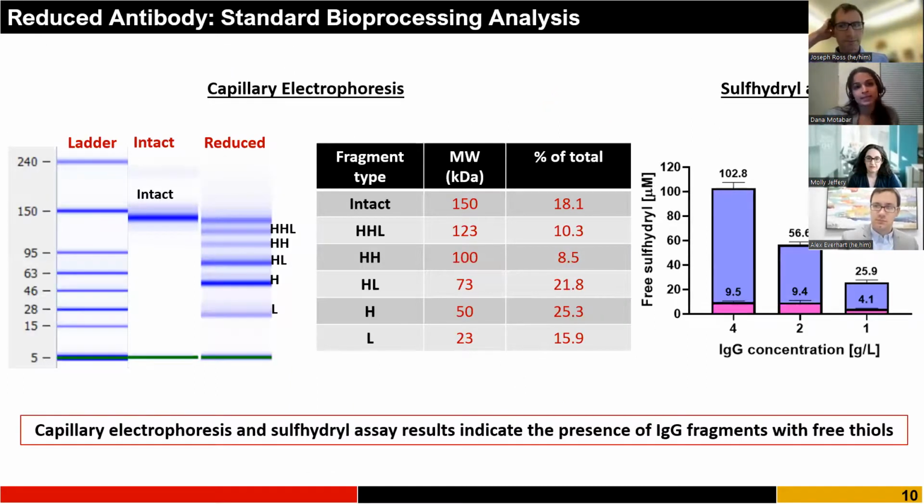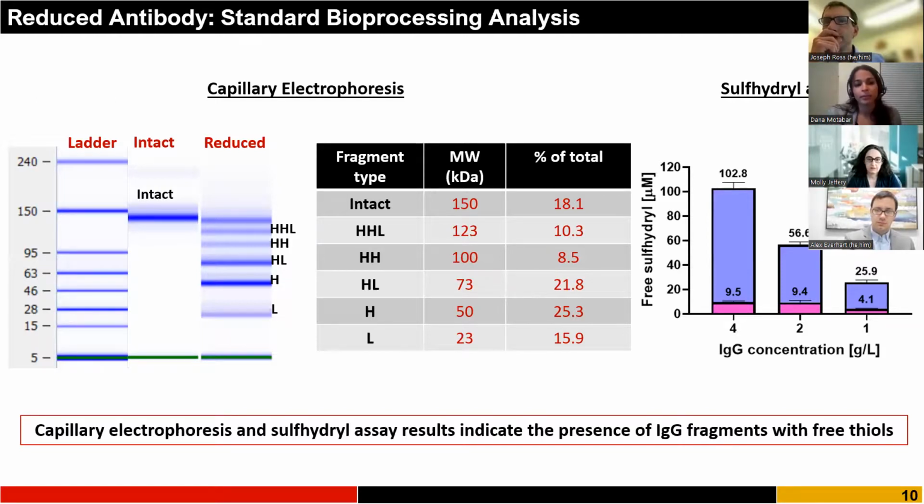And then next, we just wanted to orthogonally confirm the results of our electrochemical method using what we're calling standard bioprocessing approaches, so what would be used in an industrial setting. The first thing we did is a non-reduced capillary electrophoresis, and it shows the gel on the left. It basically shows that it lines up with our expected results.